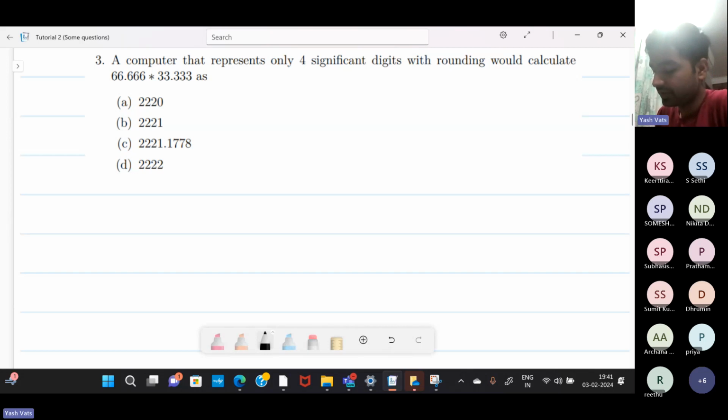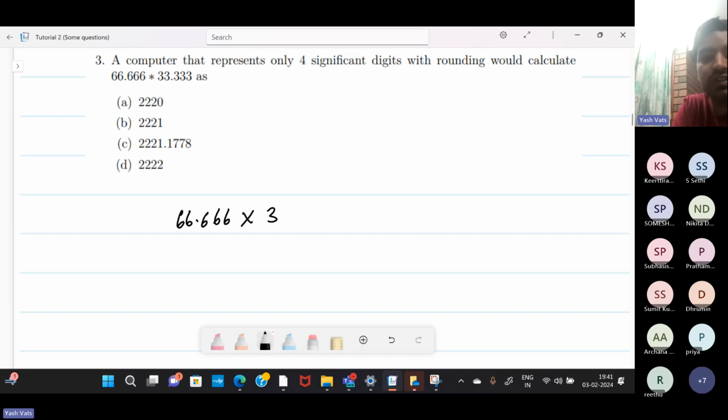Okay, let me use the calculator. So it's 66.666 into 33.333. After multiplying, 66.666 into 33.333 is 2222.17778.